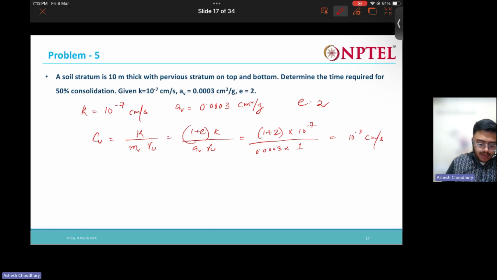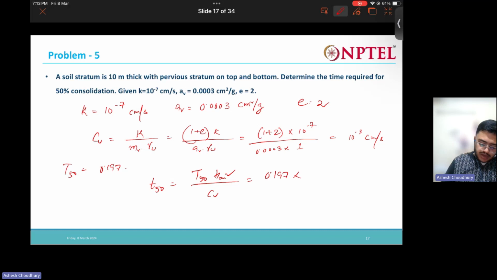Now just use the same thing that you did in the previous problem. So T50 you know already from the previous problem. You already calculated it's 0.197. So now use that same relation. What is H_dr squared? Double drainage, right?